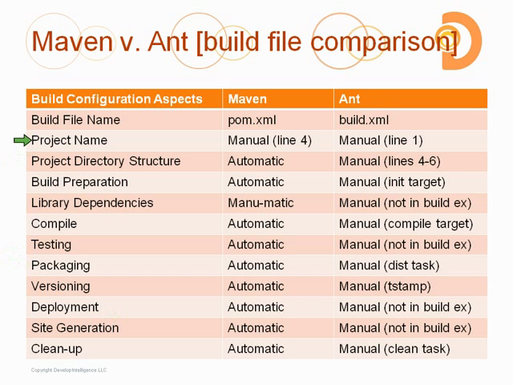But the rest of the stuff, directory structure, library dependencies, how I'm going to compile, what version of the compiler I'm going to use, the target platform, for example, when I build my .class files, the test framework, whether I'm using TestNG or JUnit, how I'm going to package something, whether it's a jar or war, how I'm going to do versioning, dot releases, for example, how I'm going to deployment, all that stuff, for the most part, is pre-built into Maven.